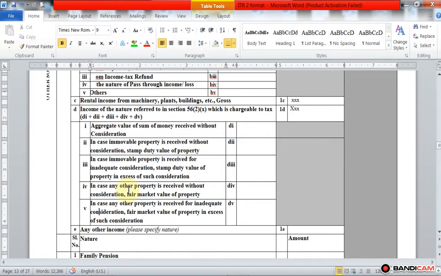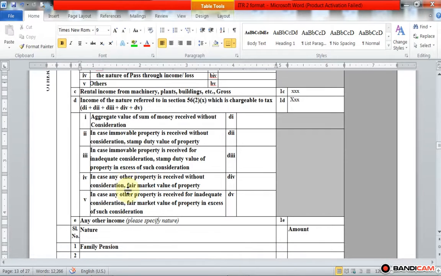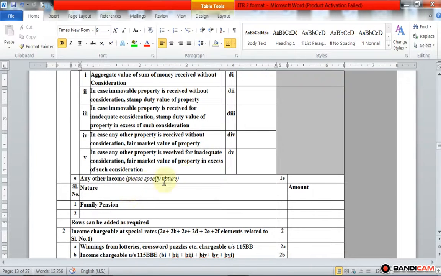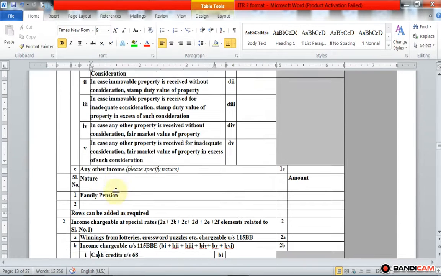Then point E, that is any other income. Please specify the nature. If any other income is given here, then we specify the nature, for example family pension, etc. For example, if any other income is earned from pension or family pension, the assessee will furnish this information in this column, that is 1E.